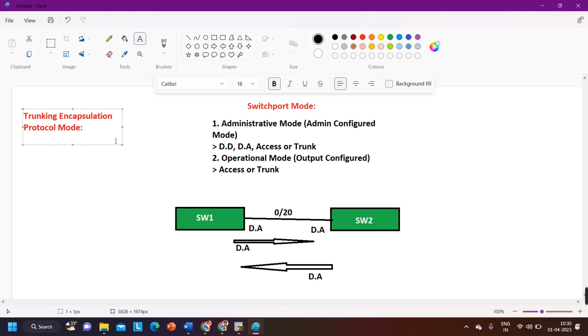Number one is again administrative mode, and the second one is again operational mode.